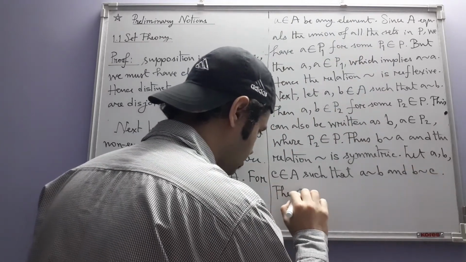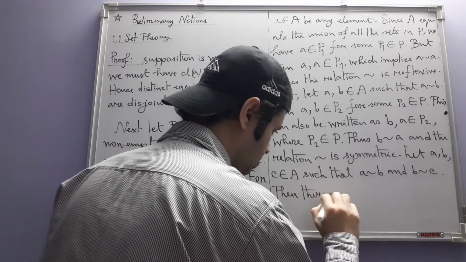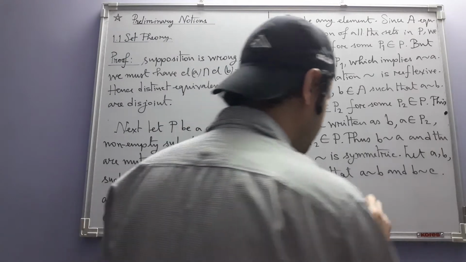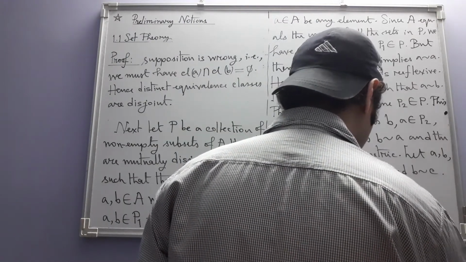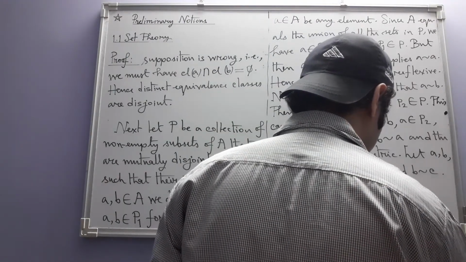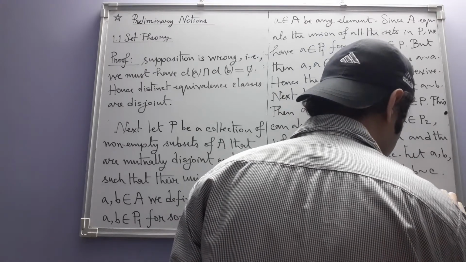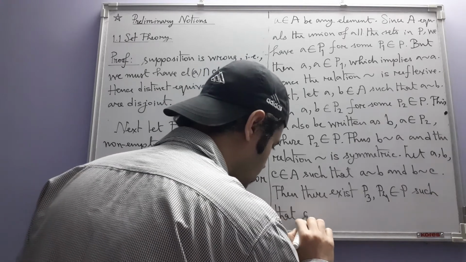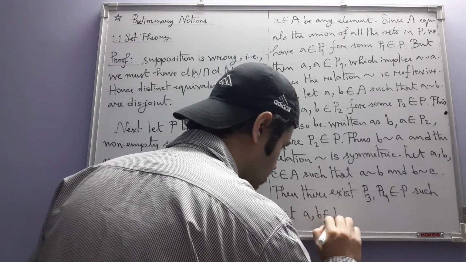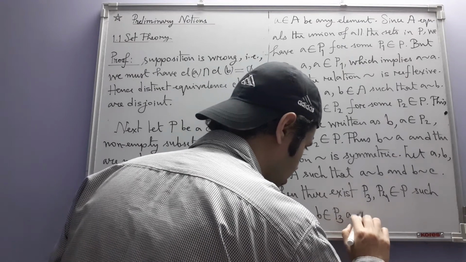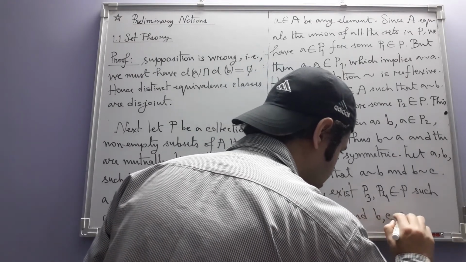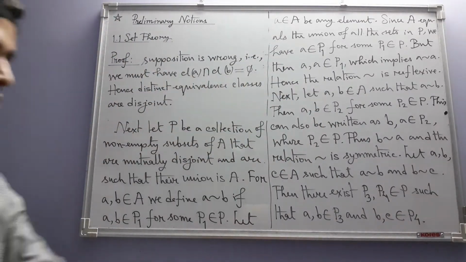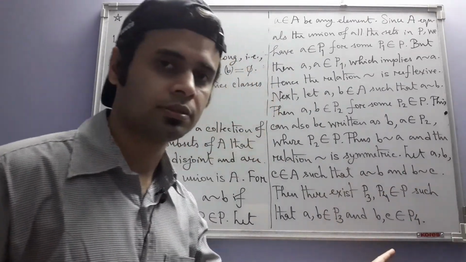Then there exist two subsets, or two elements in P, P3 and P4 in P, such that a and b belong to P3 and b and c belong to P4 by the definition of this relation.